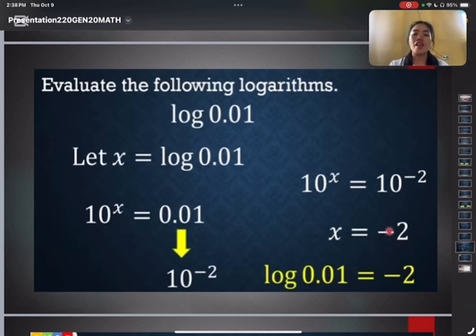We have 10 raised to the power of x is equal to 0.01. 0.01, express that one in exponential form with base 10, which is 10 raised to the power of negative 2. Therefore, 10 raised to the power of x is equal to 10 raised to the power of negative 2. Then equate the exponents. So we have the same base already. X is equal to negative 2. Therefore, log 0.01 is equal to negative 2.